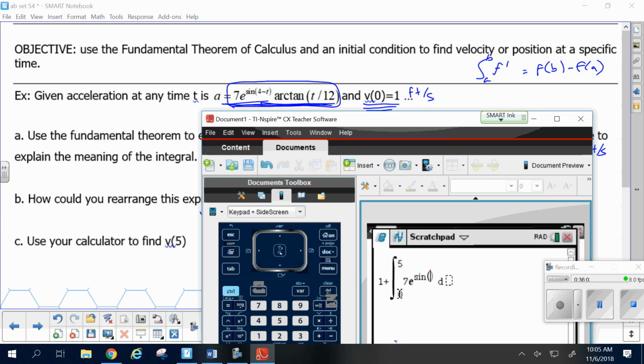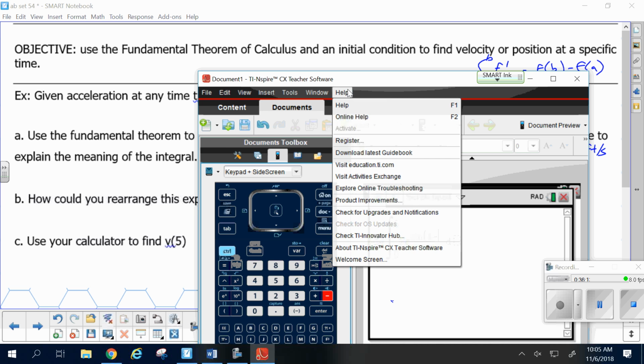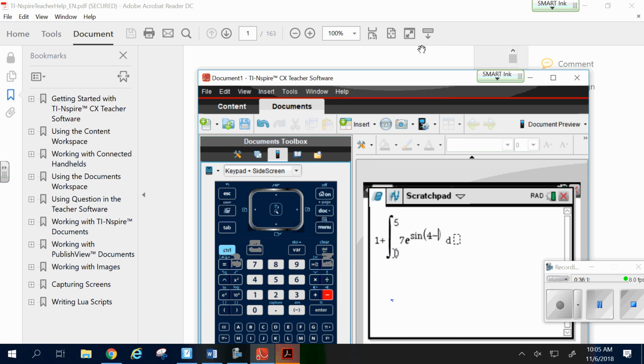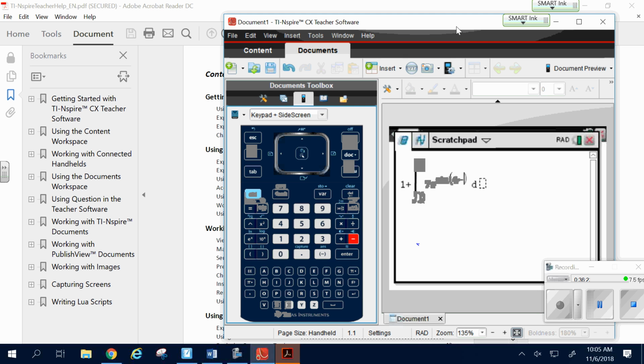You can use t in the Inspire. In the 84, you have to use x. So if you use t, that's fine. 4 minus t times, what's the next part?